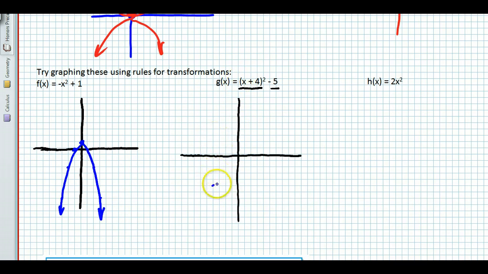A is positive, so it's concave up. I'm going to go 1, 1, 2, 4, and then back 1, back 2, up 4. And there's our graph.